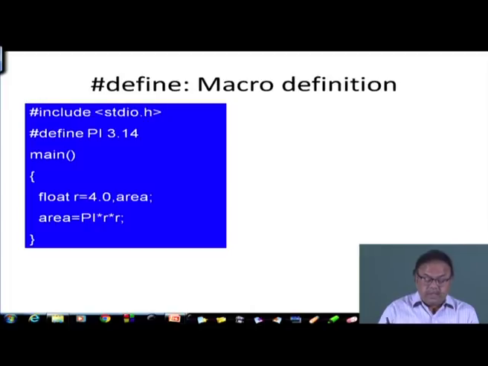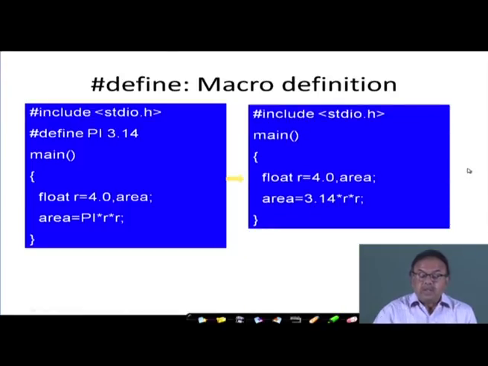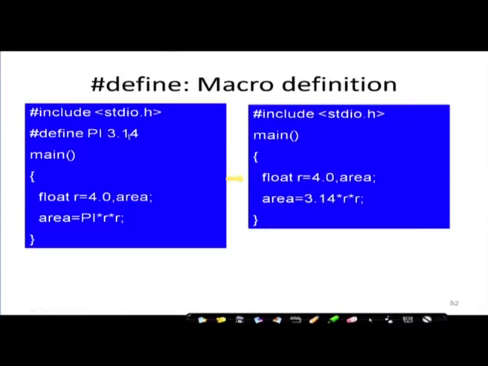So, what will happen is this will be translated: this PI will be replaced. So, the body will be float r = 4, and area will be 3.14 times r. Even before compilation, this PI is being replaced by the value 3.14 as stated in the #define command.